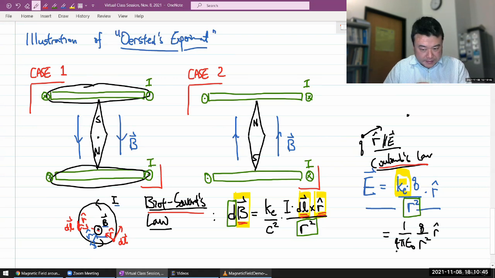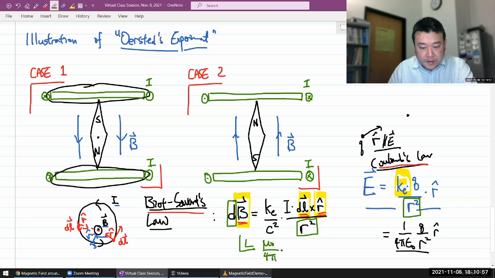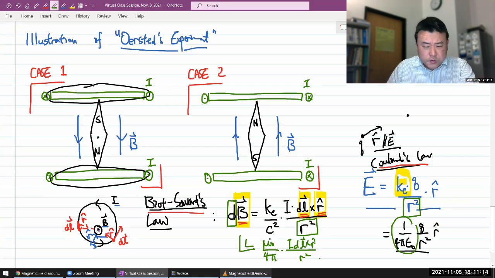Now, with this approach, when you get to Biot-Savart law, it would be written in this form: mu naught over 4 pi times everything else, dl cross r-hat over r squared. So in this approach, where you switch to using permittivity of free space, you introduce this magnetic constant, called permeability of free space.